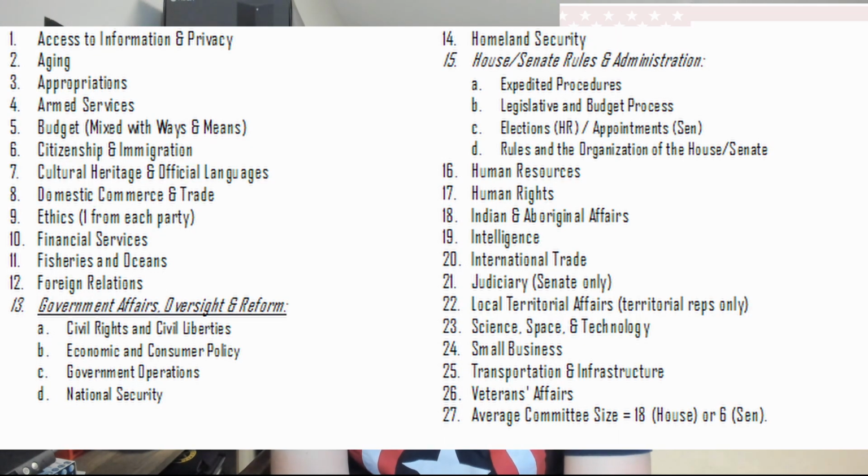There really isn't much else that needs to be explained about them, or at least I don't think there is. Now, with regards to the committees, I'm not going to go over every single one, but both the House and the Senate will have the same committees.